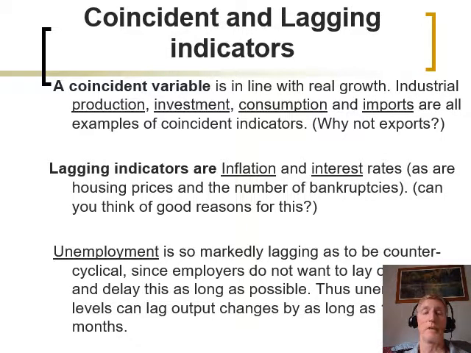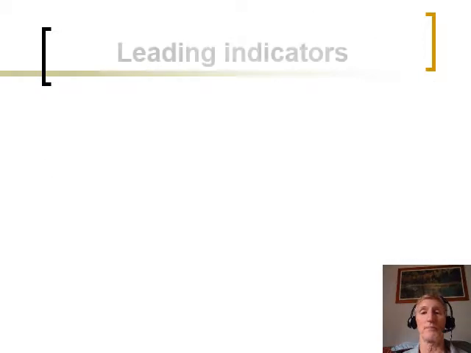But definitely what's also lagging are inflation and interest rates, as it takes a while for the money markets to react to what's going on in the actual economic markets. Unemployment is also lagging because there's a delayed effect in both hiring and laying off workers.